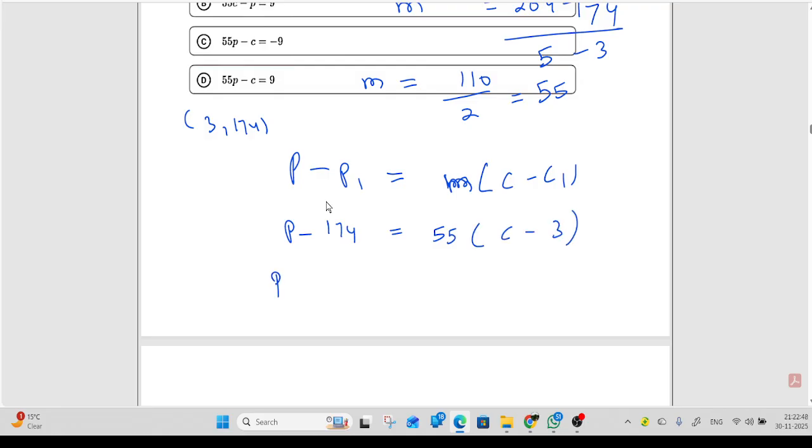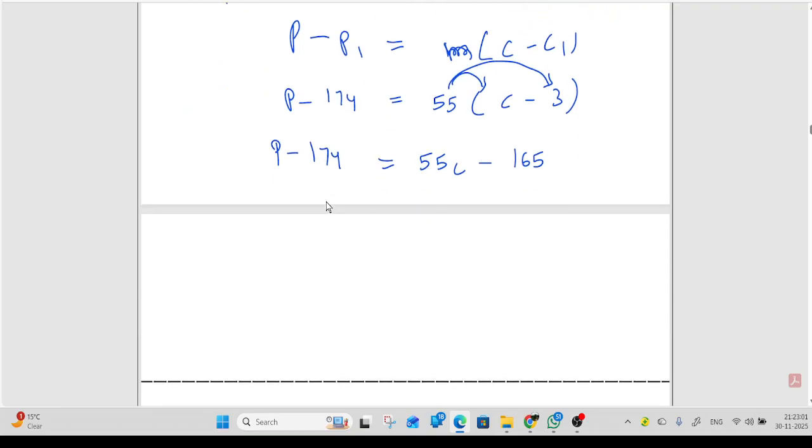I solve it, multiply each term with 55. This gives me 55c, and 55 times negative 3 is negative 165. Now I take this 174 to this side. I get P equals 55c plus 174 minus 165, which is going to give me 9.